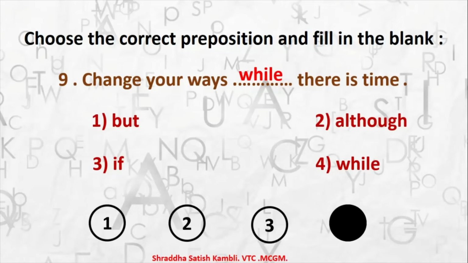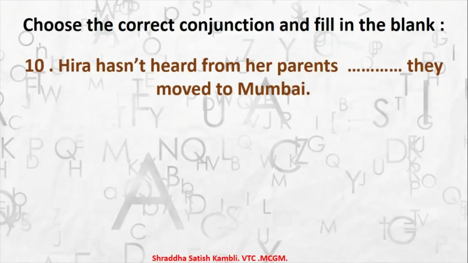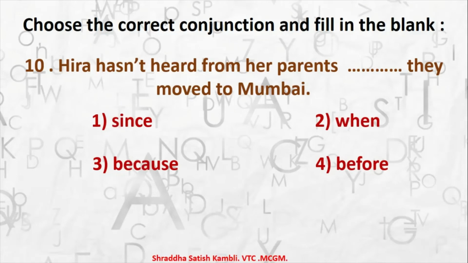Okay, now we come to the last question in pattern 2. Hira hasn't heard from her parents. Dash they moved to Mumbai. Hira hasn't heard from her parents since they moved to Mumbai, when they moved to Mumbai, because they moved to Mumbai, or before they moved to Mumbai.